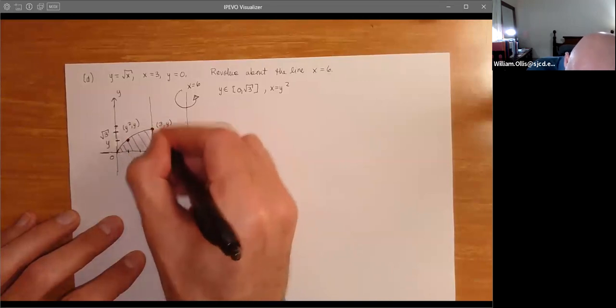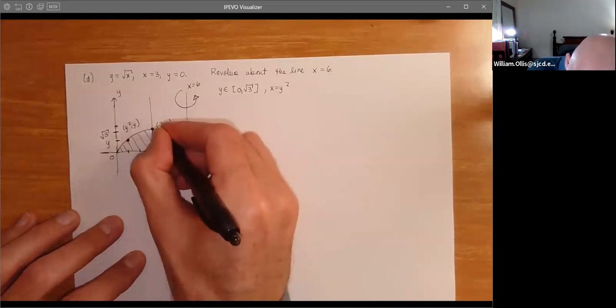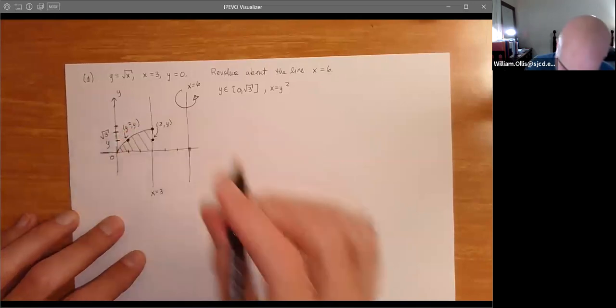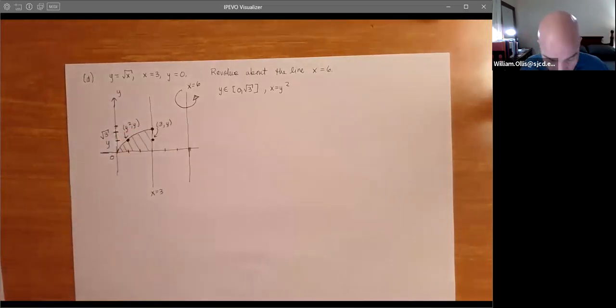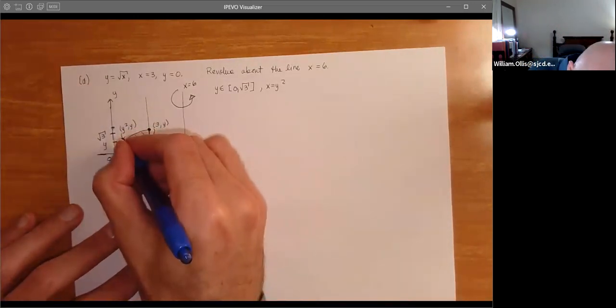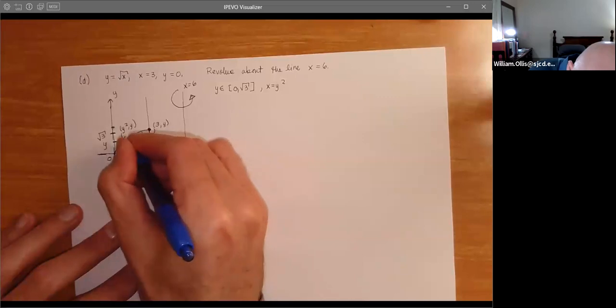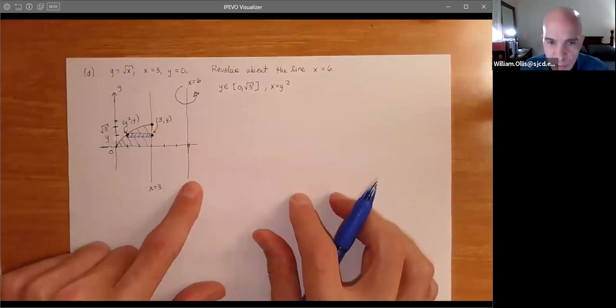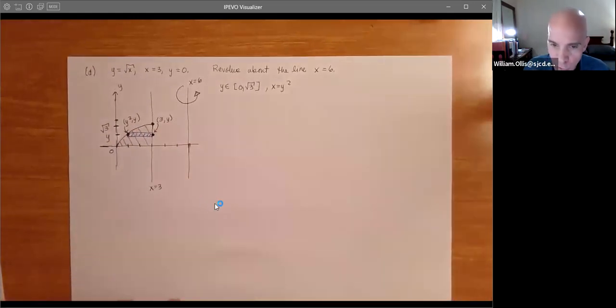So just to plot these 2 points right here, let me just do an arrow down to here and an arrow down to there. And then we can go ahead and draw in the rectangle for this value of y. Right there. So remember, ladies and gentlemen, this is the axis of revolution.